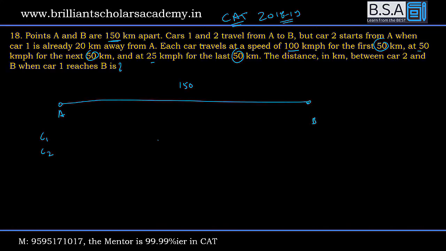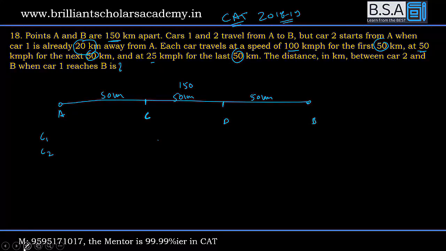Car 2 starts from A when car 1 is already 20 kilometers away. We'll come back to this. So I'm plotting some other points, point C and point D. What is the gap? 50 kilometers, 50 kilometers, and 50 kilometers. क्यों किया ऐसा? Why did we do this? Because the question says 50 kilometer count करे गिनना.